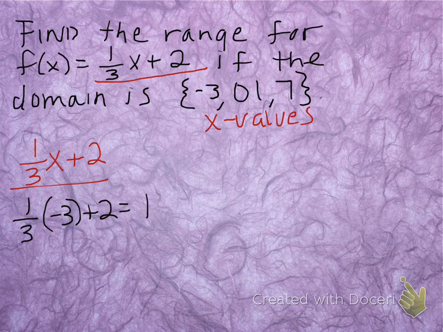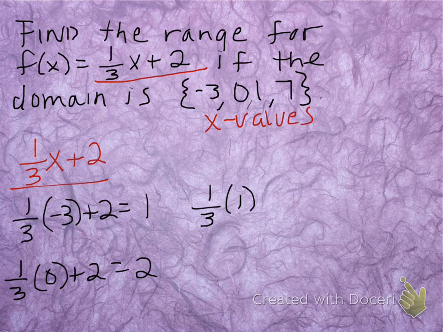Our next value is 0. 1/3 times 0 plus 2. 1/3 times 0 is 0, plus 2 gives you 2. My next value is 1. So I'm going to take 1/3 times 1 plus 2. Well, anything times 1 is just itself, so 1/3 plus 2. Well, remember, in order to add fractions, they need to have a common denominator.